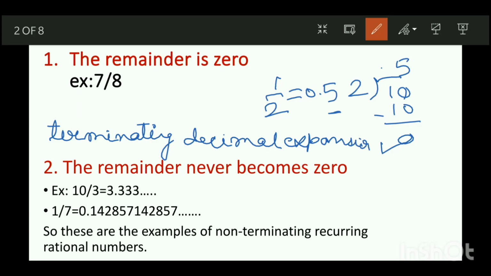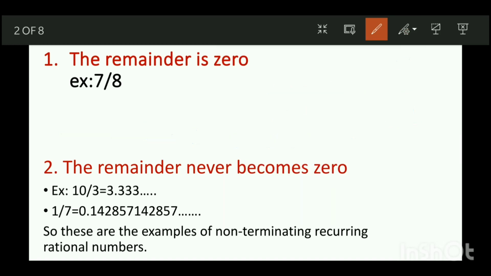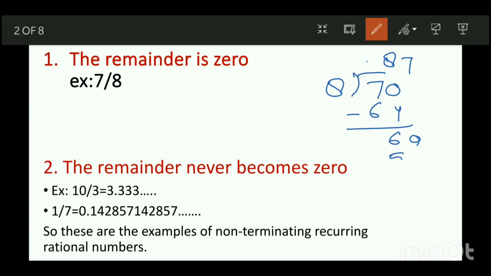Take another example, 7 by 8. We will divide 7 by 8. 7 is less than 8, so we put a point and add 0. 8 8s are 64. Remainder is 6. Again we add 0. 8 7s are 56.